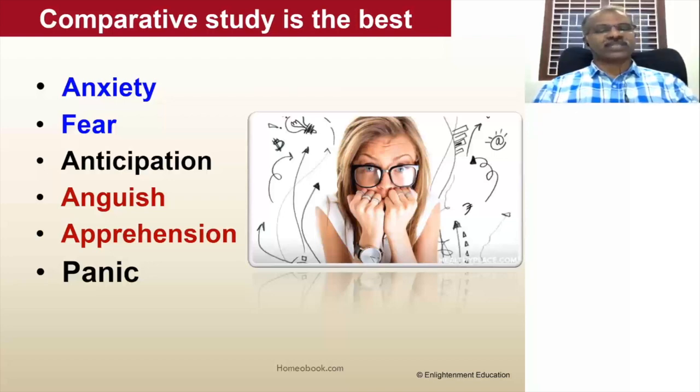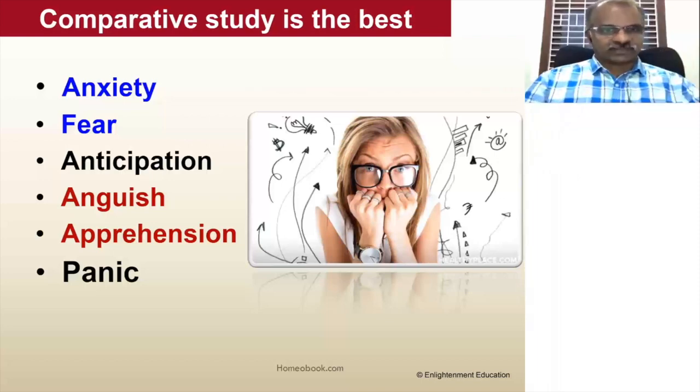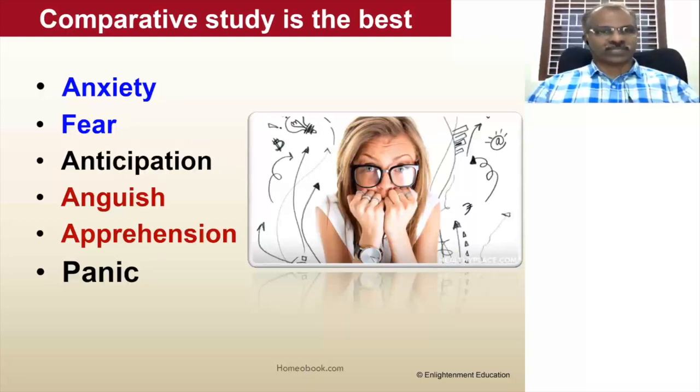They have more or less similar dictionary meanings, but their interpretations and the medicines are entirely different. Just closely watch this sixth rubric, and you will get an idea about why the comparative study is required.